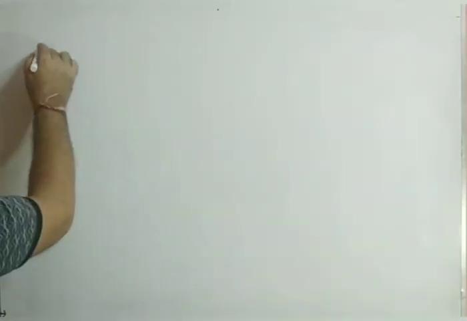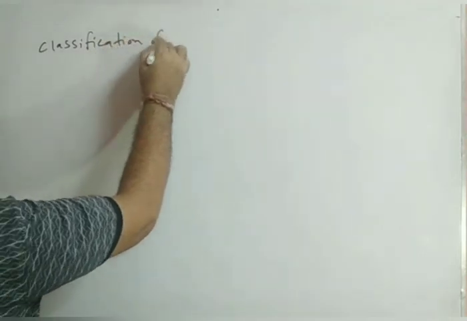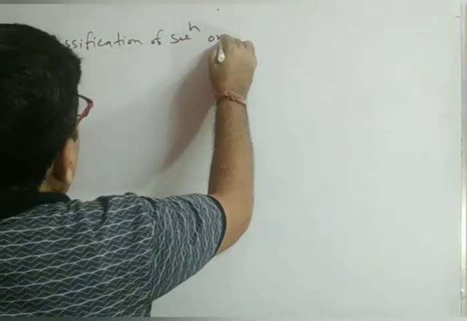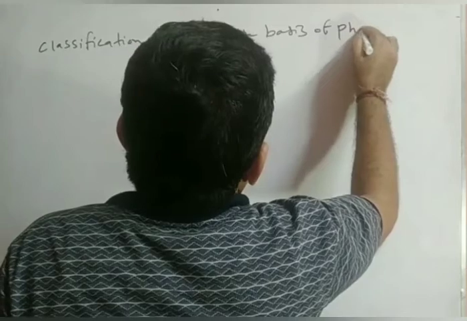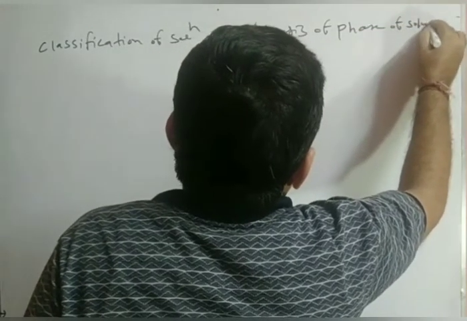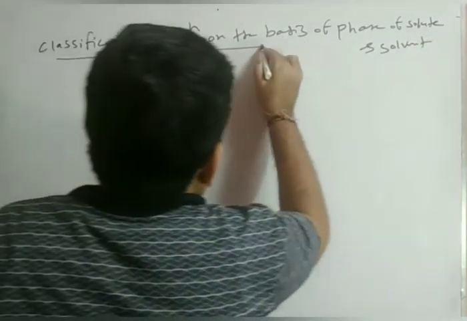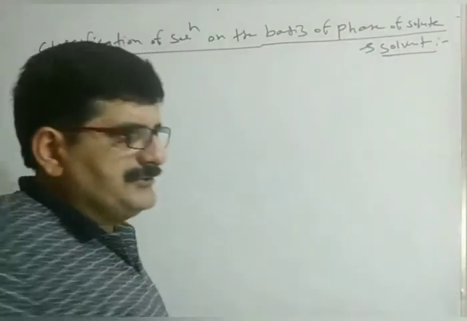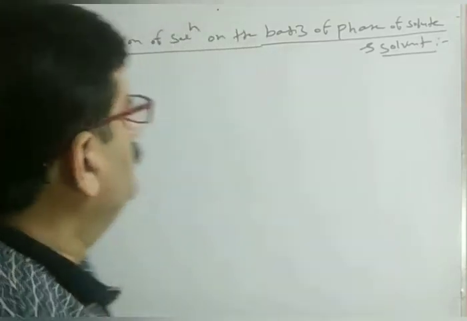Our next classification is on the basis of phase of solute and solvent. So we can write classification of solution on the basis of phase of solute and solvent. Nine types of solution you can form on the basis of phase.